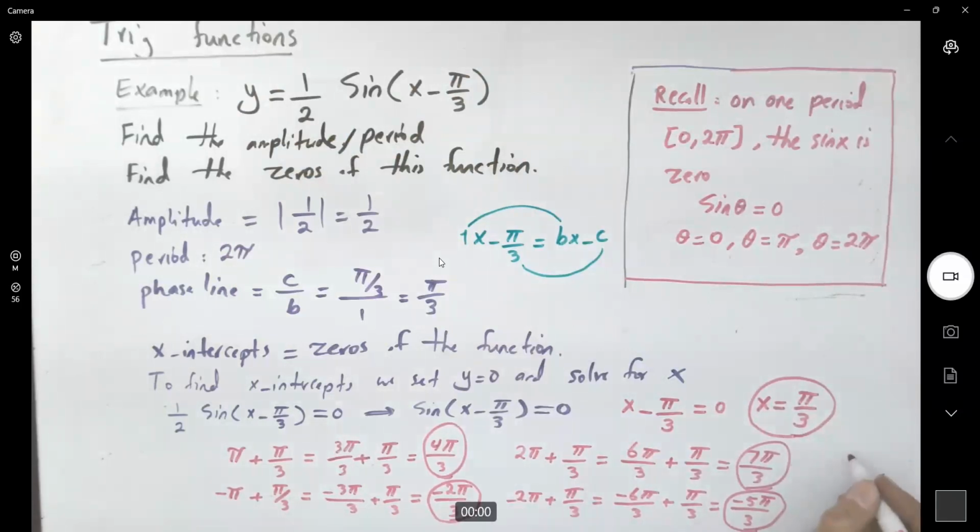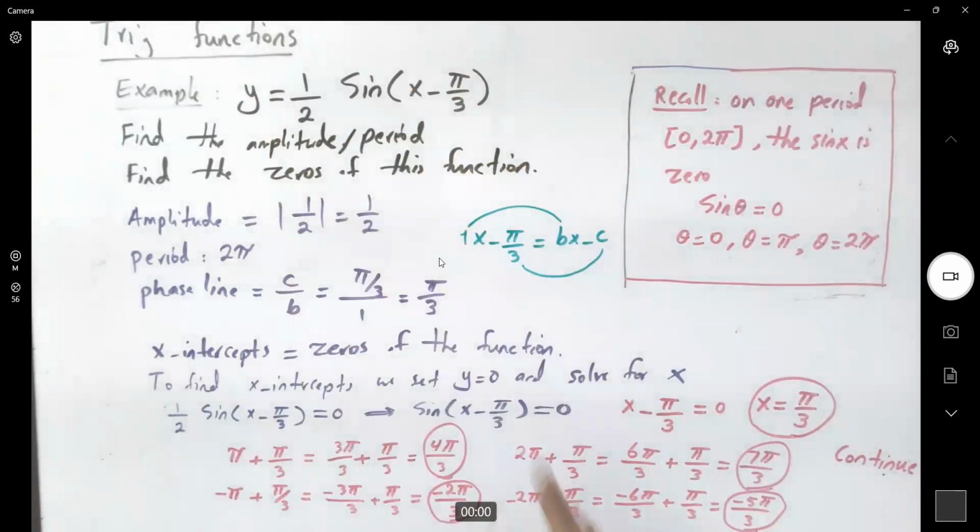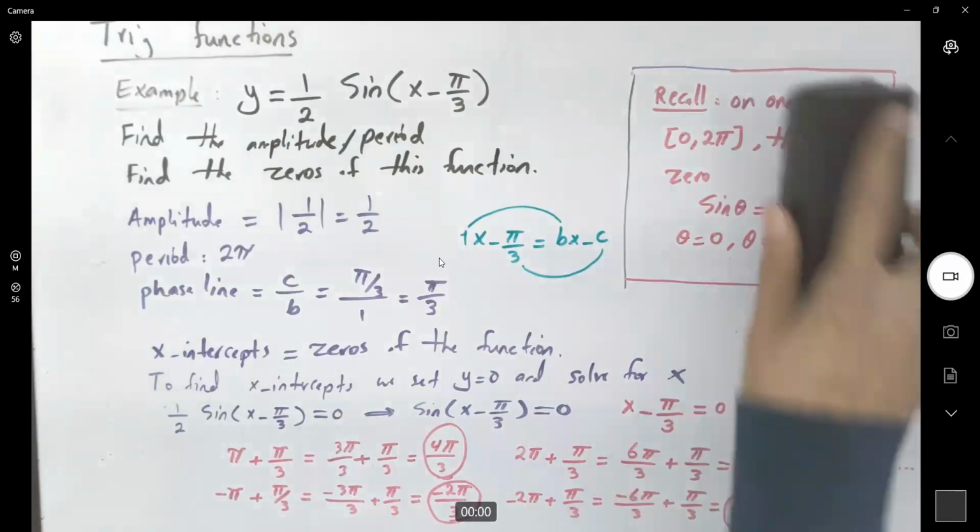So you continue this process. If the question doesn't restrict the domain, you have to continue writing the rest of these down, or use a simplified compact version to represent the solution. Let me write it here for you.